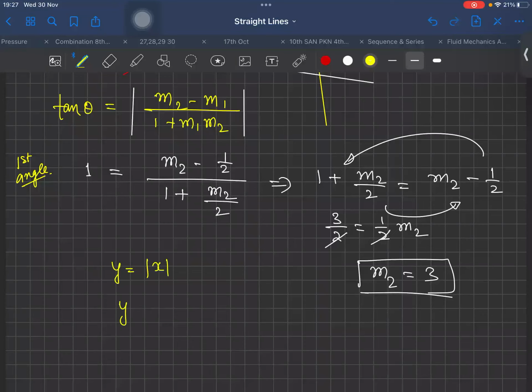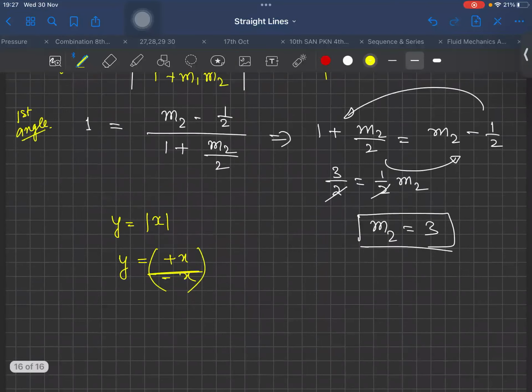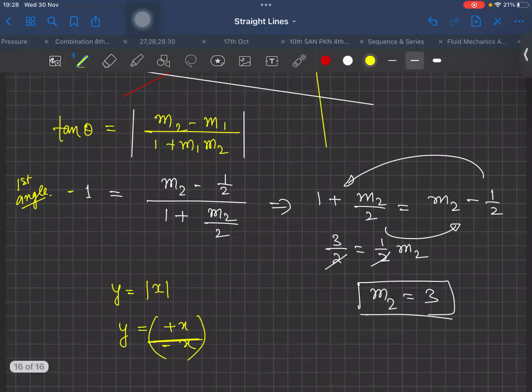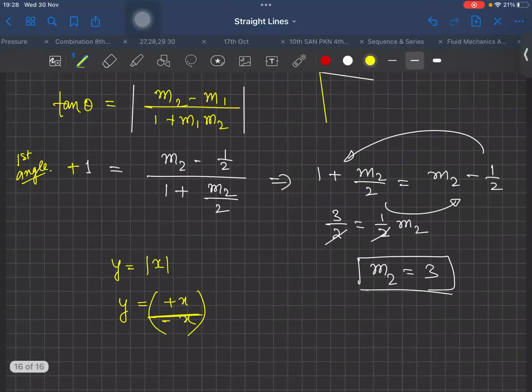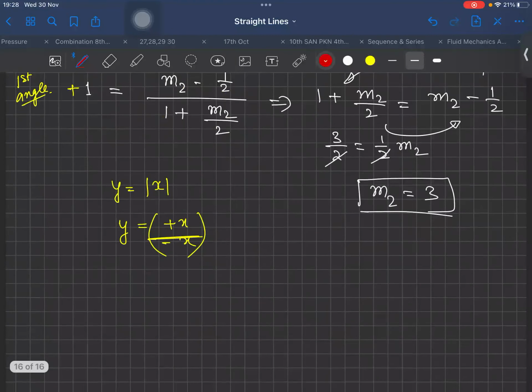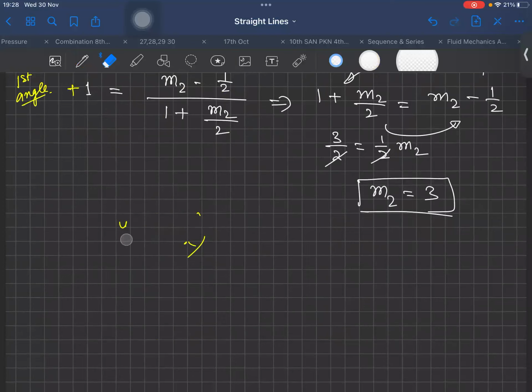That means y can be equal to plus x and minus x. Remember? So now here, plus 1 we have already taken. One value will be minus. So they take minus. Put this is equal to minus 1.